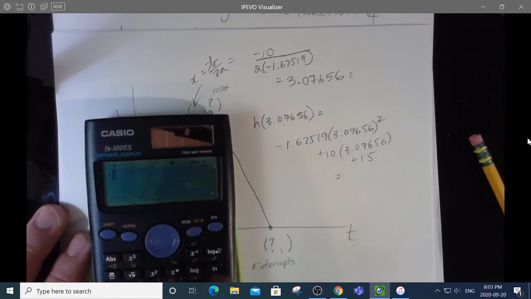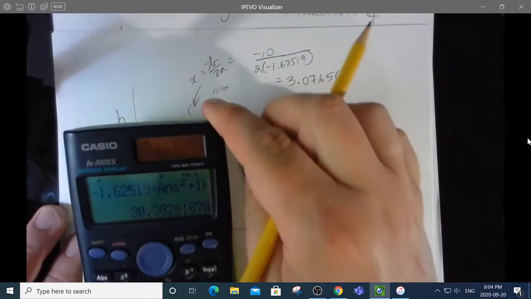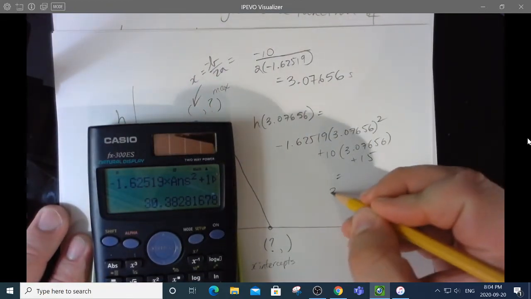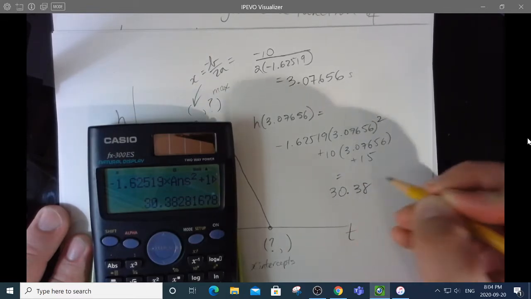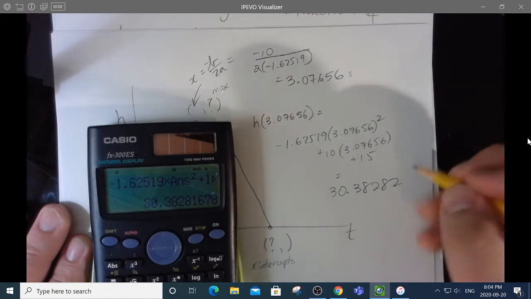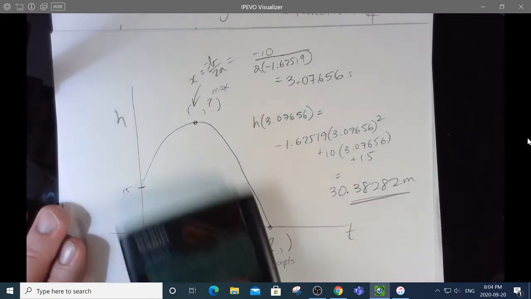So that's negative 1.62519 times the answer I just had, squared, plus 10 times that answer, plus 15. And that gives me 30.3828, and then I guess it'd be meters. And so that's how high this thing goes.